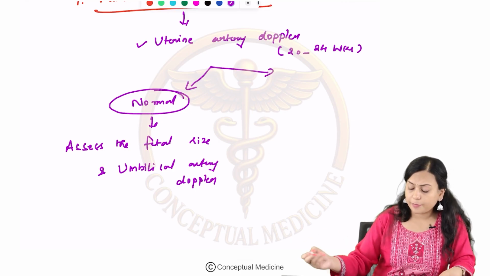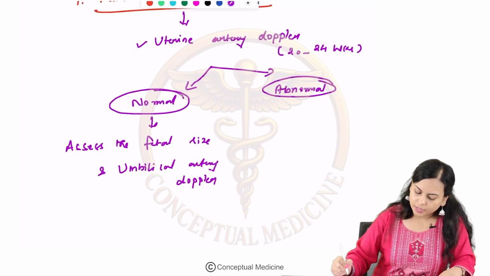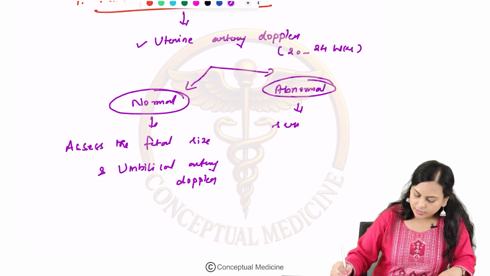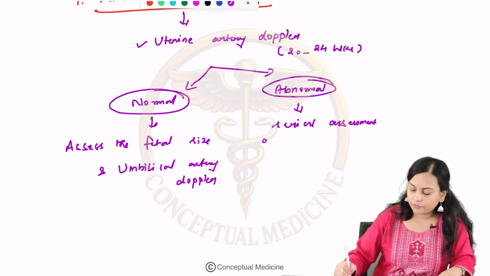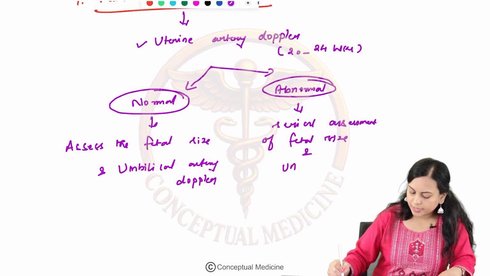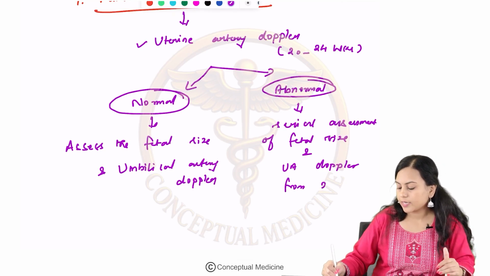Suppose if it is abnormal, then you have to go for a serial assessment of fetal size and umbilical artery Doppler from 26 to 28 weeks.